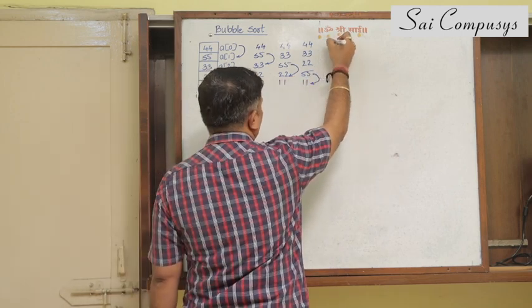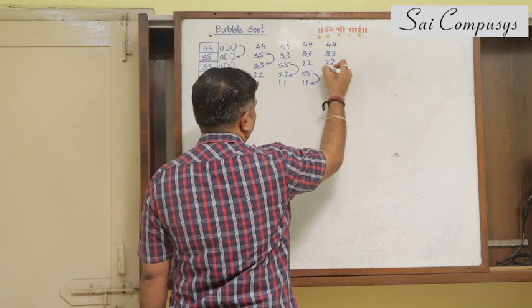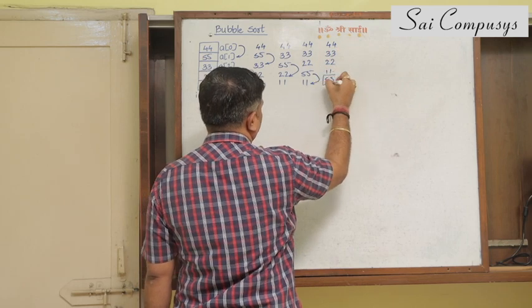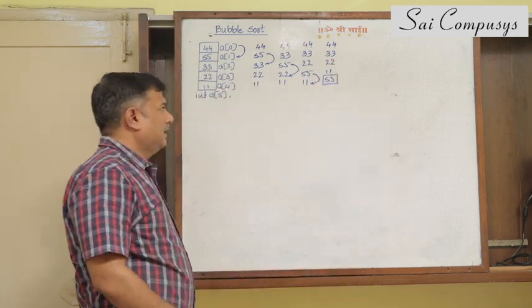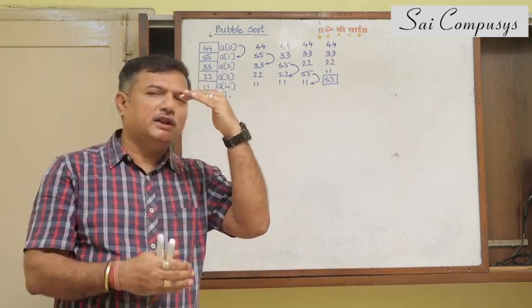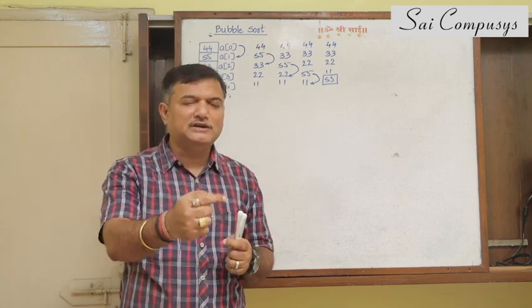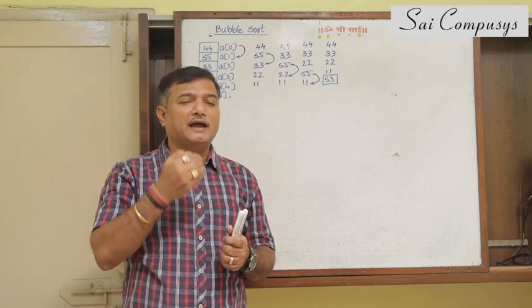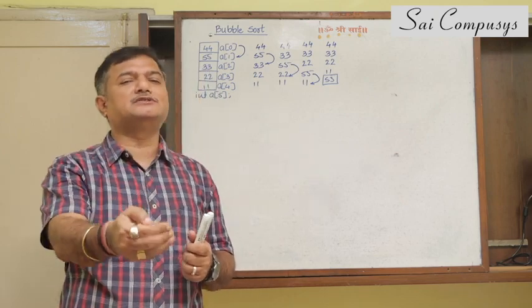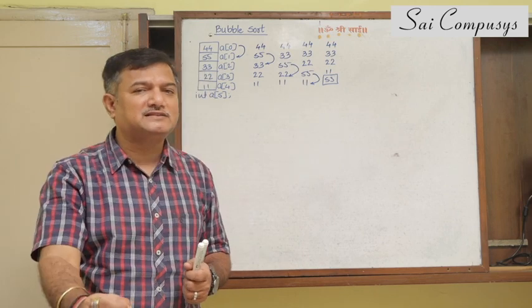You get 44, 33, 22, 11, 55. So you must have noted, it's not comparing one element with all elements below it, but bubble sort is comparing each element with only its next element. Each ith element only with its i plus 1th element.